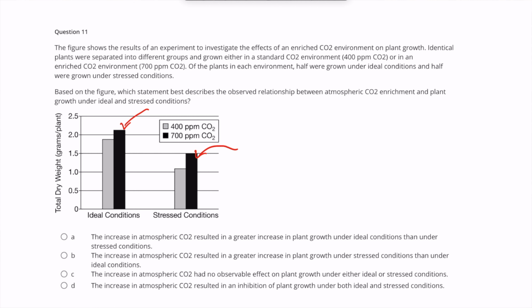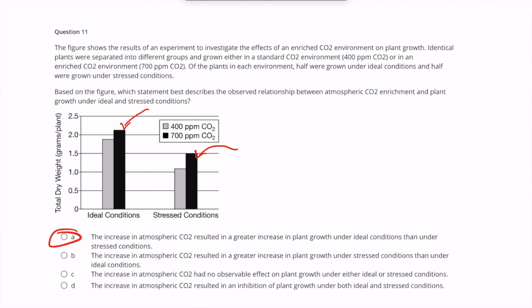And it's also showing that if you compare the ideal and the stressed conditions, the ideal conditions did grow more than the stressed ones. So does that go with it? It says increase in atmospheric CO2 resulted in a greater increase in plant growth. So far, yes. And is it true it's ideal conditions? It is. So it does seem like A might be it, but let's keep reading it.